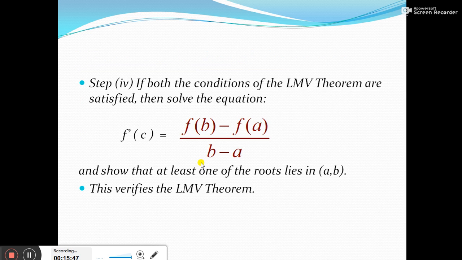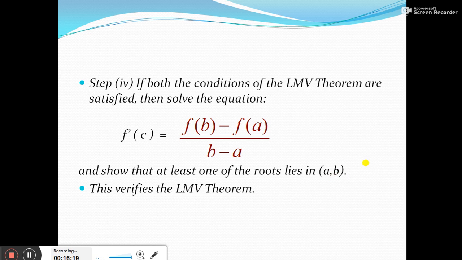And now, if both the conditions of the LMV theorem are satisfied and the LMV theorem is applicable, then we solve the equation f'(c) is equal to (f(b) minus f(a)) upon (b minus a). That means after solving this, we get at least one point that lies in the open interval (a, b).